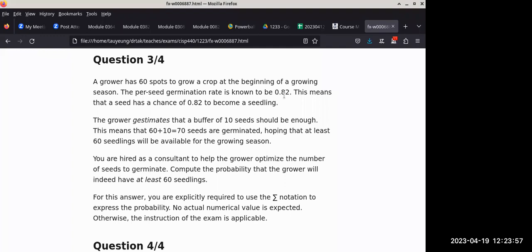When I was a kid, I used to germinate beans on dampened or moist cotton, and then you put some water on it. So what are the outcomes? Either it germinates and becomes a seedling, or it does not. Those are the two possible outcomes. There are only two possible outcomes, which means maybe the bi part of binomial distribution is applicable here.